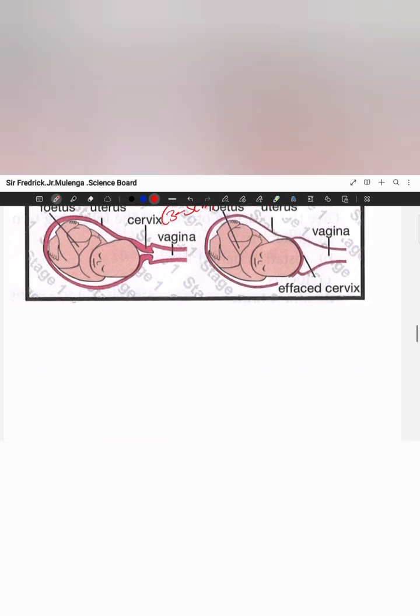So what happens during stage 2 of birth? It starts when the cervix dilates about 10 centimeters. This is the full dilation of the cervix in the second stage. This stage is completed when the baby is pushed out of the mother's womb.